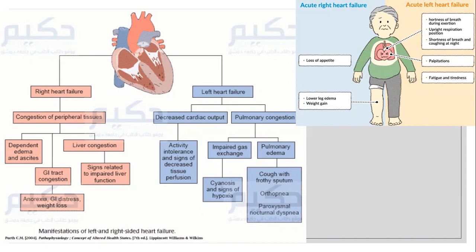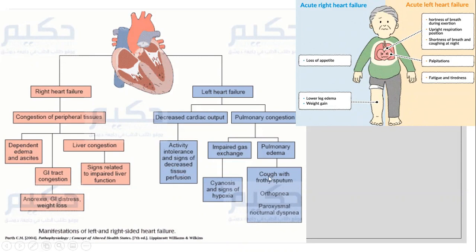It is called paroxysmal nocturnal dyspnea. On the other hand, impaired gas exchange can cause cyanosis, blue discoloration, also decreased cardiac output, activity intolerance, and signs of decreased tissue perfusion.